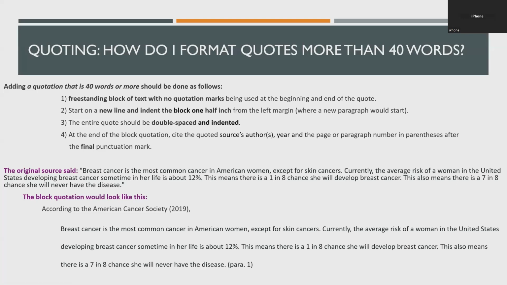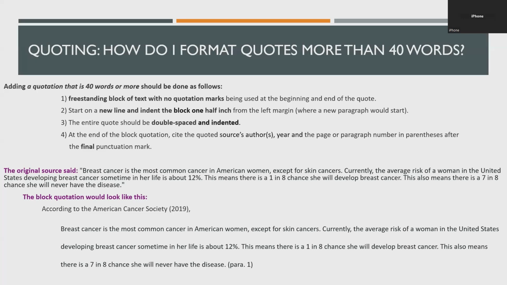What I will say, though, is typically, at least in my experience, block quotes are kind of frowned upon, because in academic writing, you want to focus on your own words, your own ideas. In a minute, we're going to talk about the importance of paraphrasing.